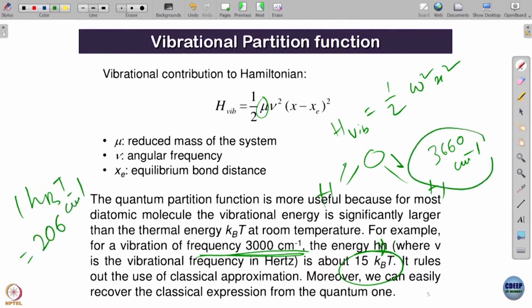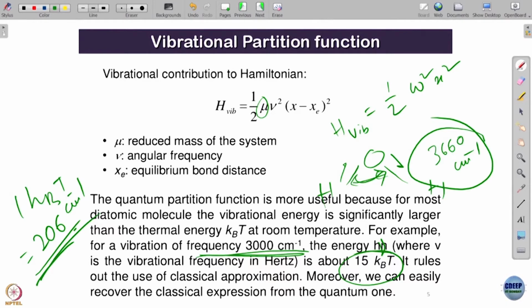So, we are talking of 3600 centimeter inverse versus 206 centimeter inverse, so you are at about 18 kBT. Then the bending is about 2000 centimeter inverse, so we are talking of 10 kBT. These are very large numbers.